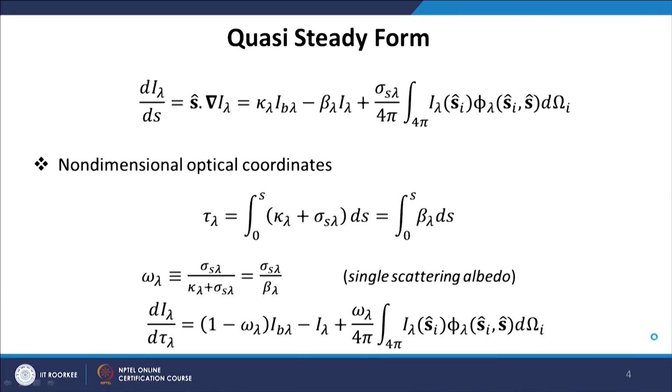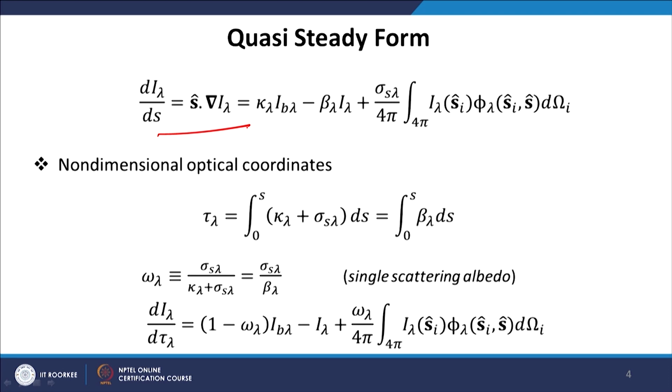Once we do that, the equation, which we call the quasi-steady form, can be written as this equation, where the partial derivative has now been replaced with the total derivative dI lambda over ds, because the dependence on time has been removed. Again this is an integro-differential equation.